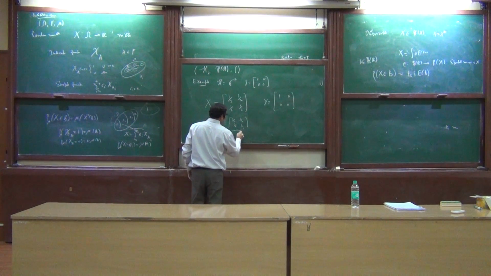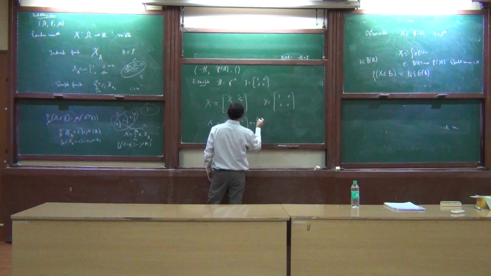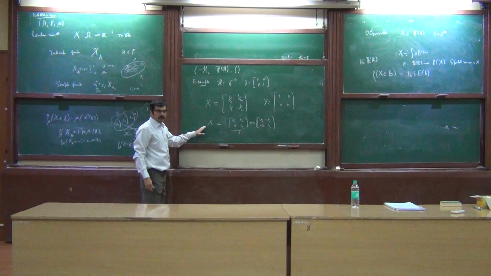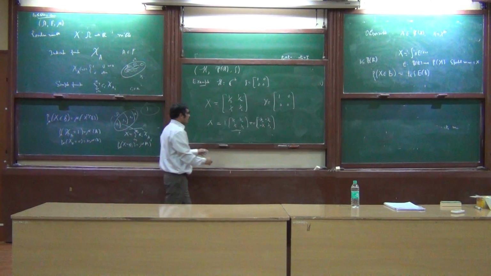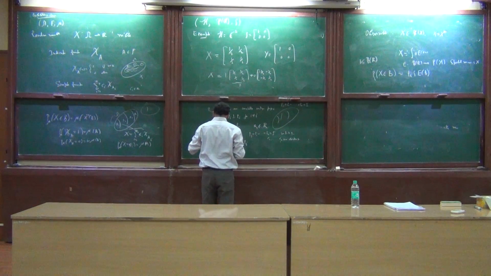So this is a projection, plus 0 times I minus this, which is the orthogonal projection. This is a spectral decomposition of x. So if I now compute, what are the values taken by x?